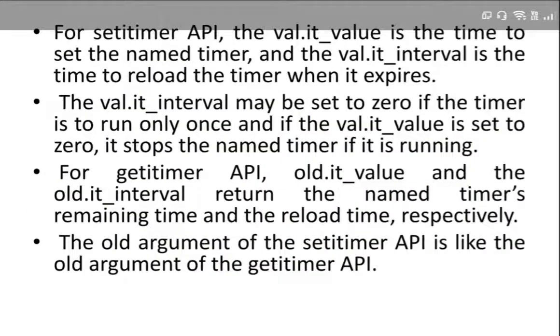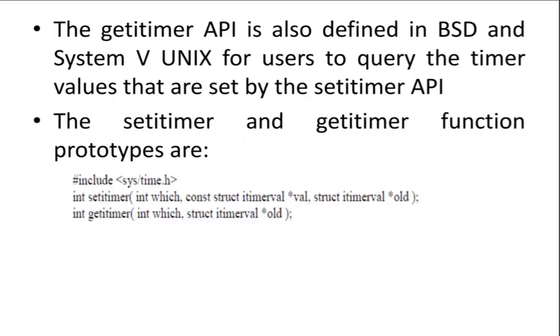Suppose if you have any doubts, please post your doubts in the comment section. And one more important thing, for the set timer API, the value is the time to set the named timer, and the value interval is the time to reload the timer when it expires. So don't get confused here.